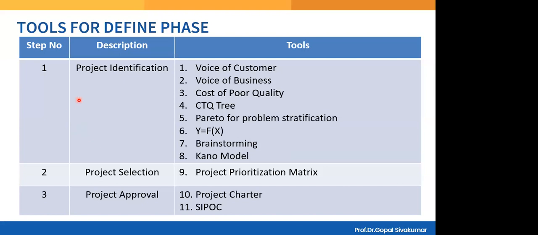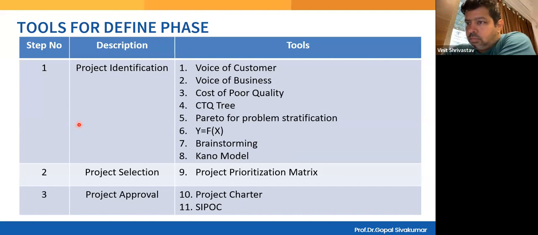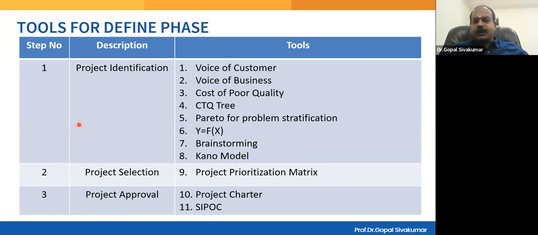Then you will definitely try to use this tool, which is called project prioritization matrix. Because projects come from different departments. Can everyone be allowed to execute a project? No. Because in any organization, no matter how big or how small, resources are limited. You have a budget.